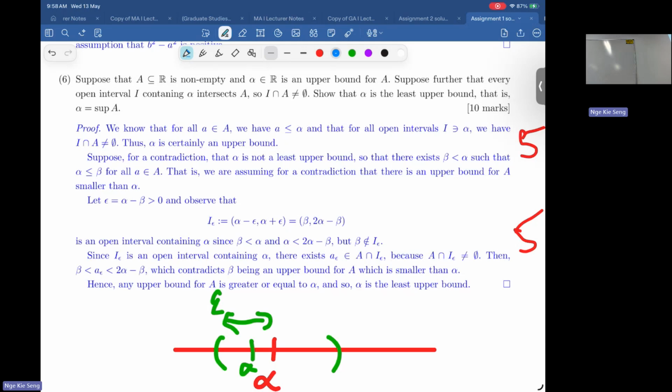Any questions so far? Do you know what you wrote down in your solution?